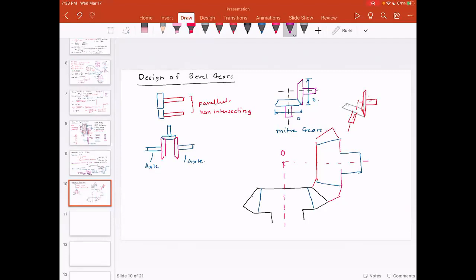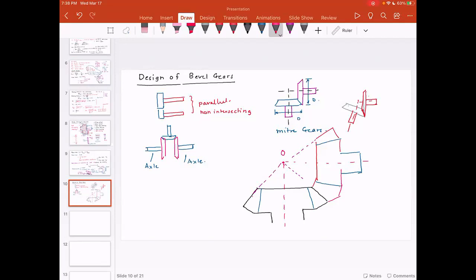If you look at the way the gears are constructed, it is similar to having two cones. So if you think about it, you have cone 1 and cone 2 corresponding to each gear.